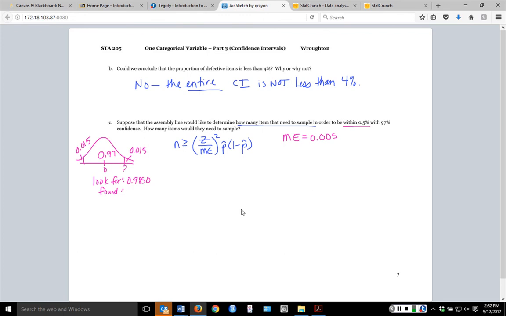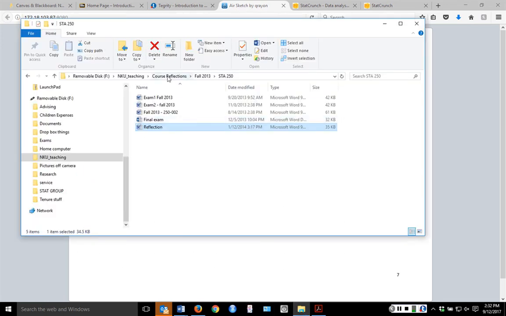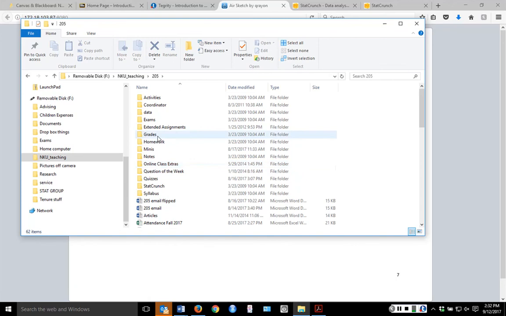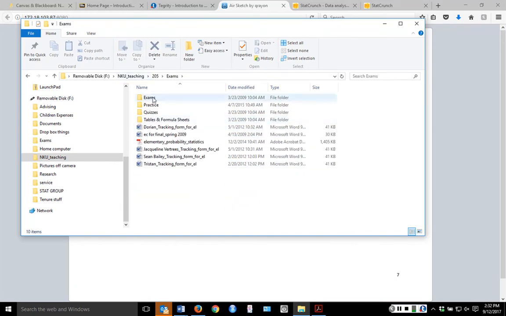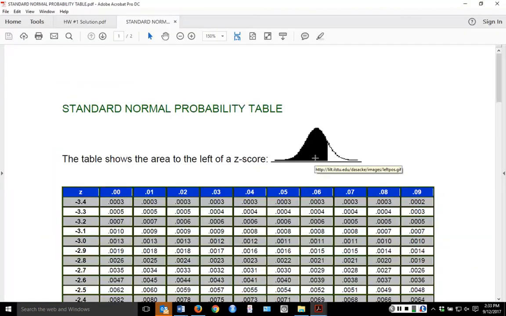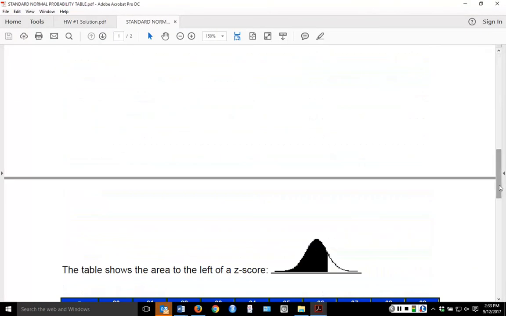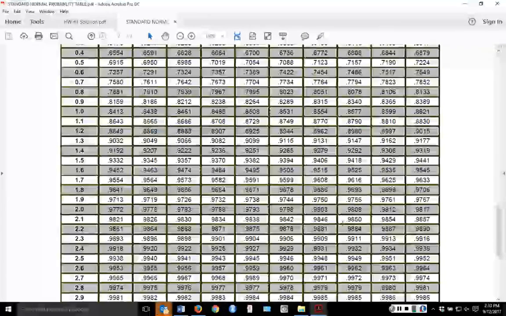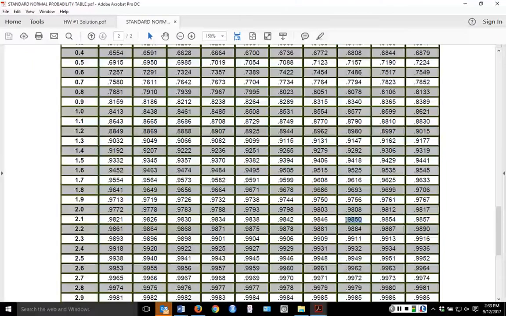We're going to go to the table looking for that. So 0.9850. We do actually find it perfectly here. So this time our z is going to be 2.17.